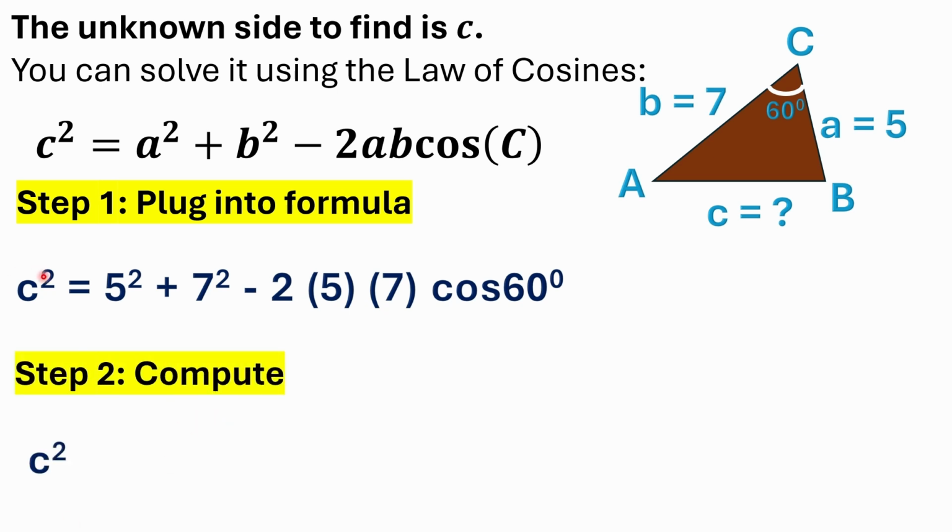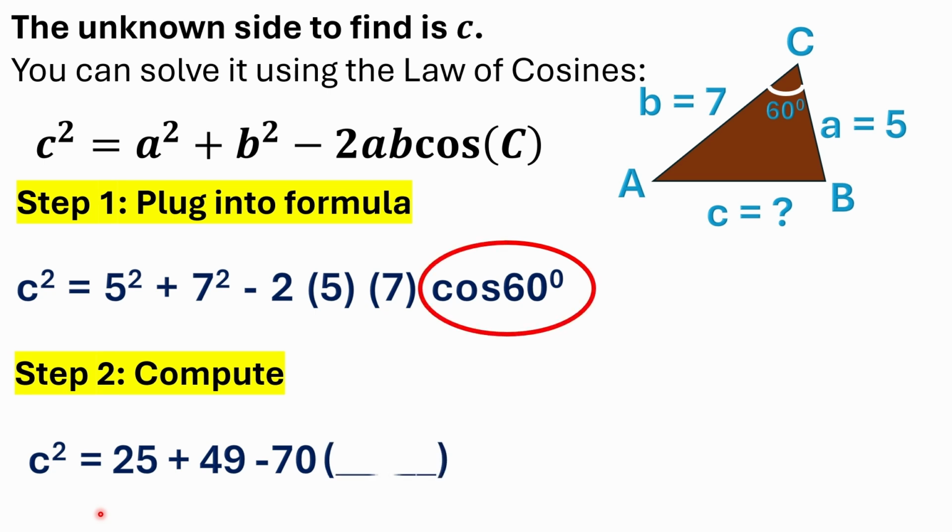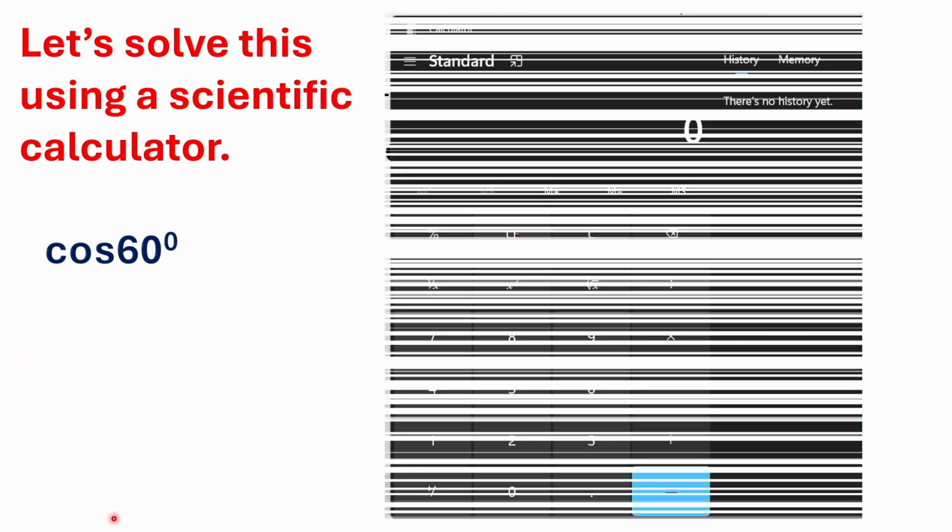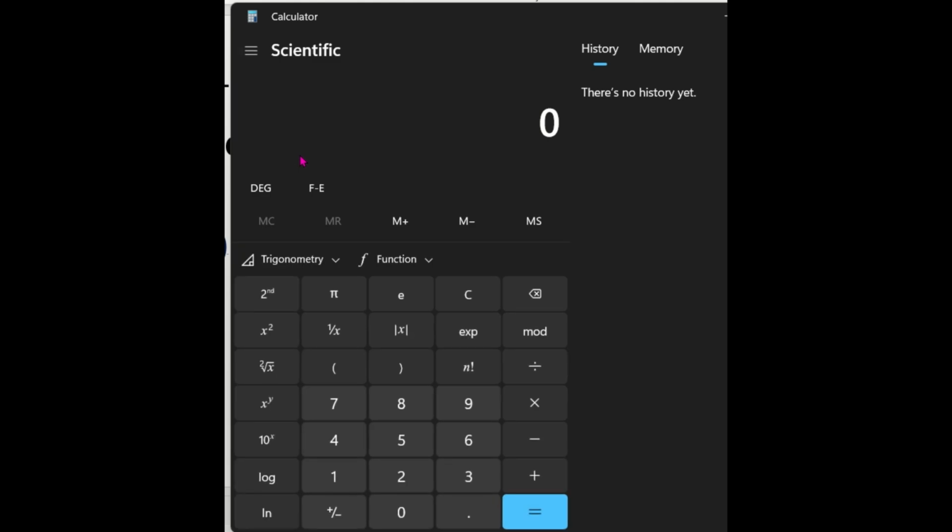And the next step is to compute. Again, we rewrite c squared, then 5 squared is 25 plus 7 squared is 49. Then we rewrite the minus sign. 2 times 5 times 7 equals 70. And then, we're going to find cosine 60 degrees. We will use a scientific calculator. Check if your calculator is in scientific mode and in degree mode.